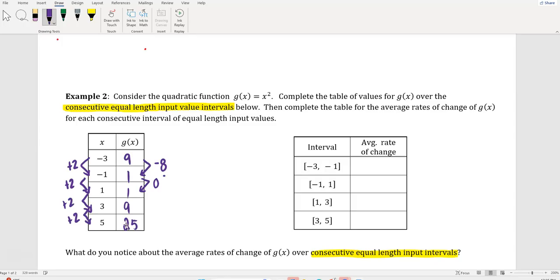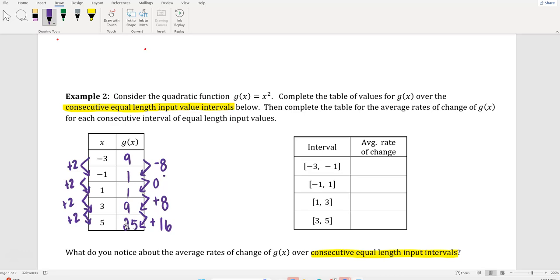That's just a 0, right? From 1 to 9, that's going to be up 8. And then from 9 to 25, if I do 25 minus 9 there, I'm going to get up 16.